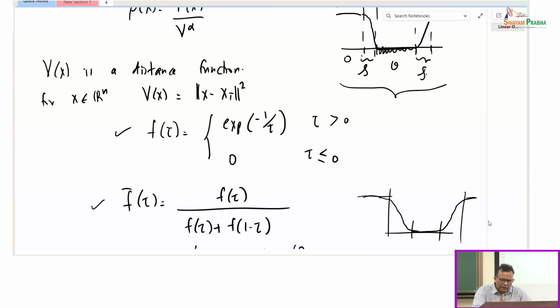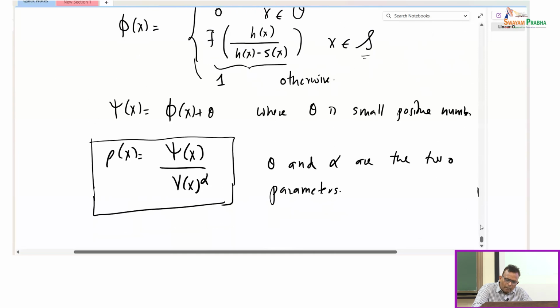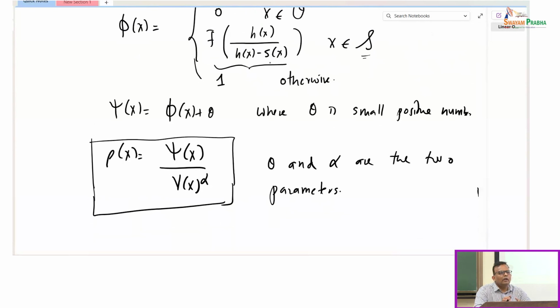Other than the sensing region, which is captured in this function s of x, you can also think of s of x as an enlarged version of h of x, because h of x already captures the geometry of the unsafe set, so you can enlarge h of x to get s of x, because you want this sensing region to surround the obstacle set.